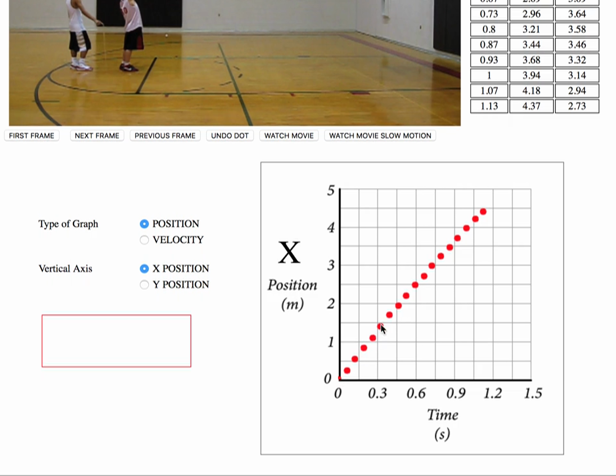Notice that the dots are forming an upward diagonal, and it looks like it has a fairly consistent slope. In other words, it's straight. It does not appear to be curving. So again, in your notes, make sure you sketch this graph in the appropriate table square.